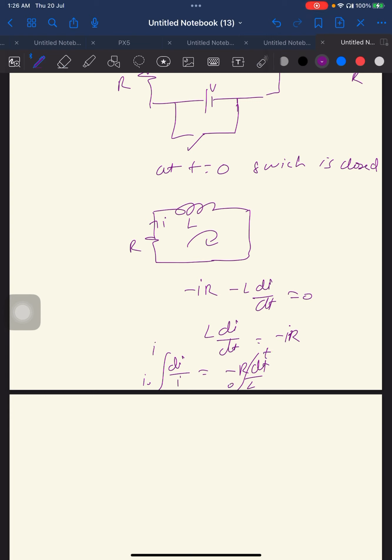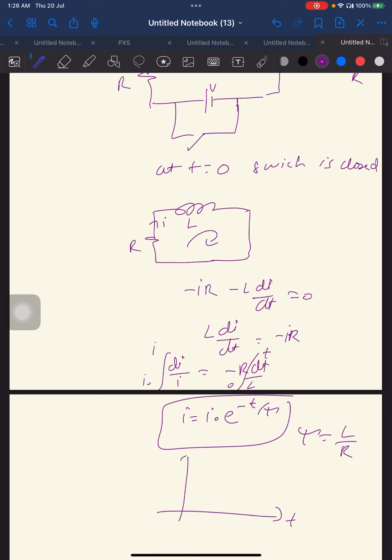We get I equal to I naught e power minus t by tau, where tau is L by R, the time constant. If you draw the I versus t graph, it will come something like this, where in one time constant 63% will decay and only 37% is left. I hope this is clear to you all.